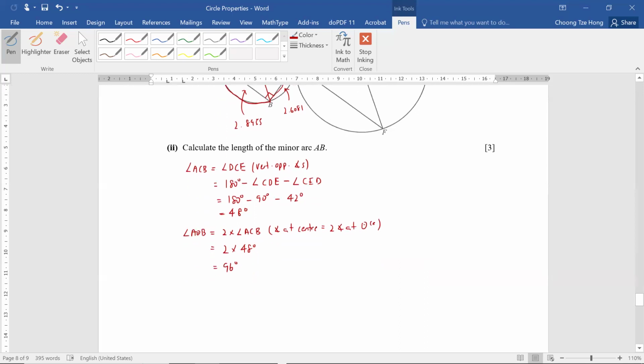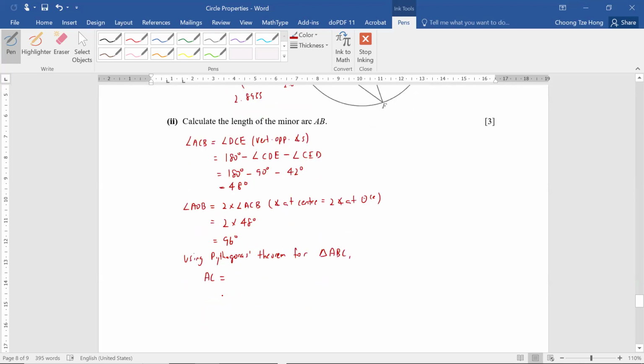By no means is this an easy question. Using Pythagoras theorem for triangle ABC, we want to find AC. AC is actually the hypotenuse, so you will get the square root of AB squared plus BC squared.